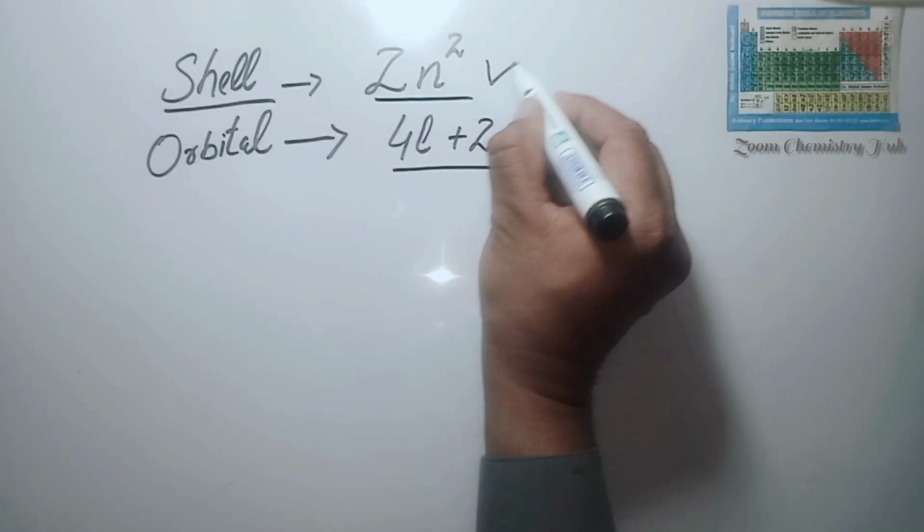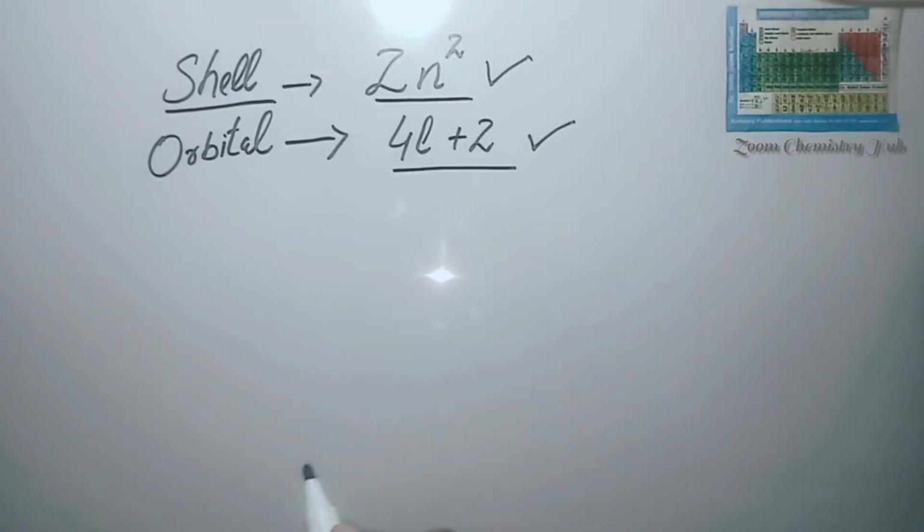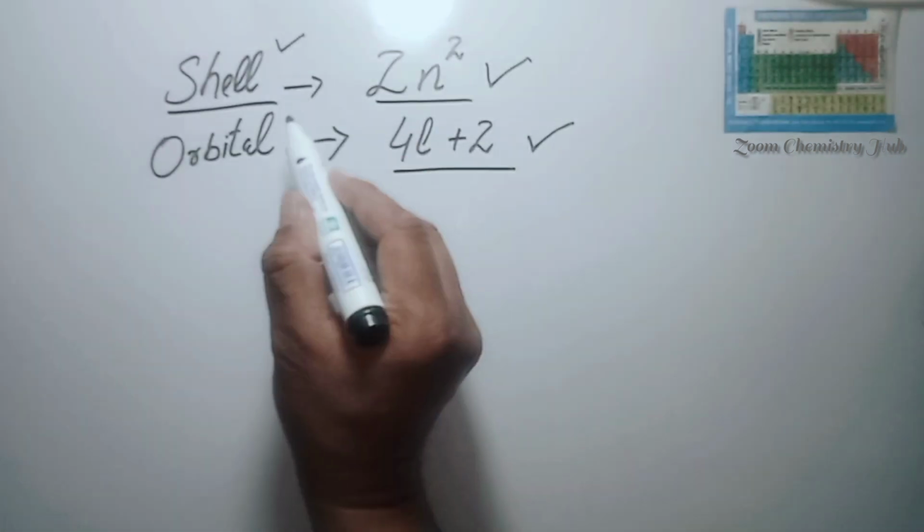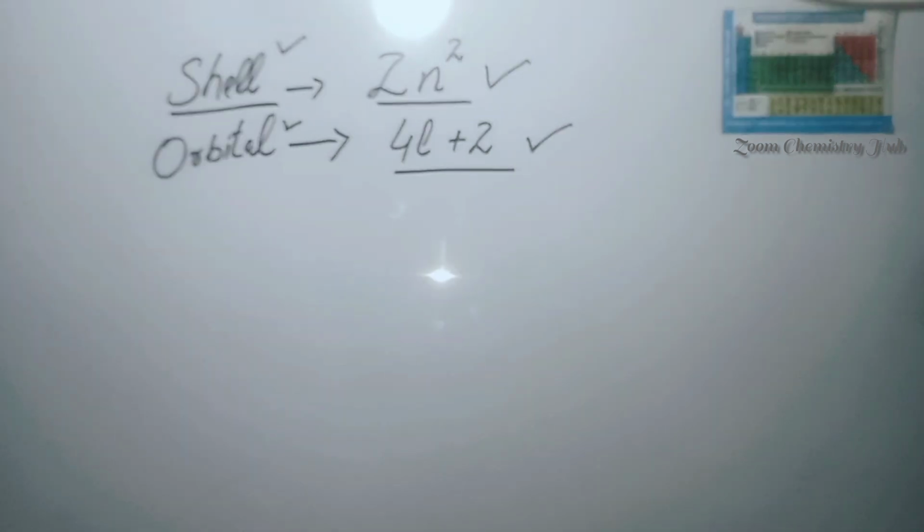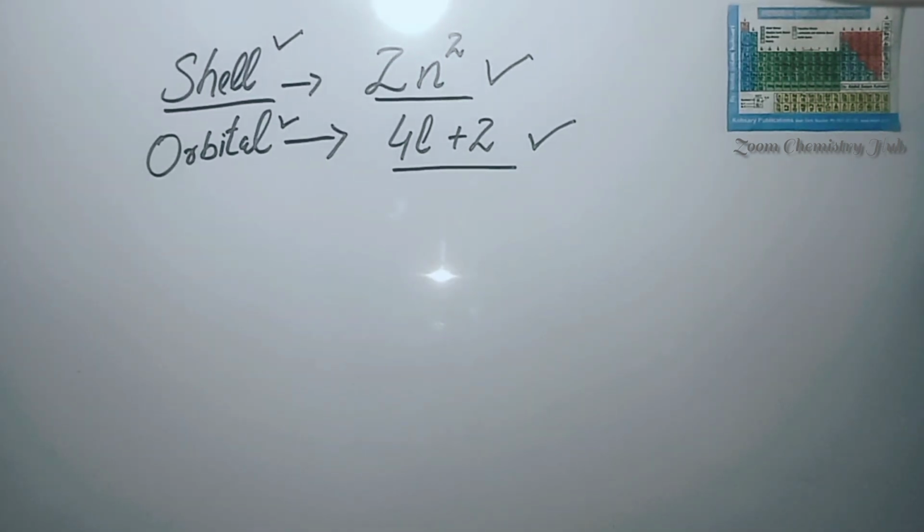So by these two formulas we can distribute the electrons in the shell and in the orbital.